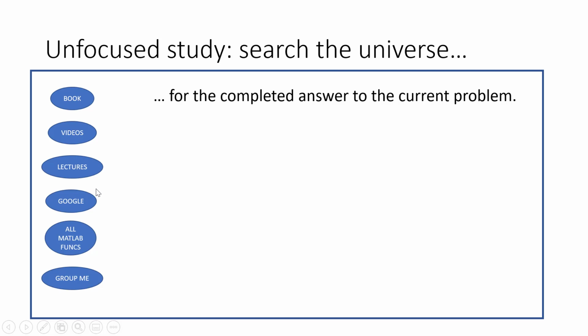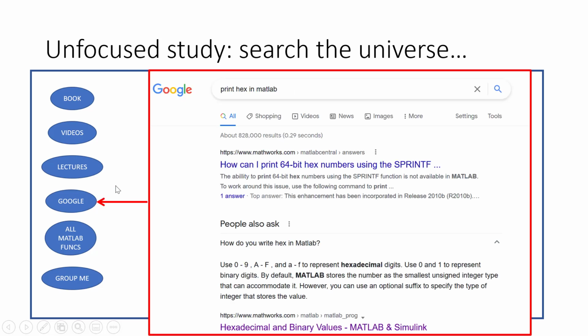That's sort of unfocused, and you immediately jump into Google. I did this little exercise here. If I search for print hex in MATLAB, I'm getting almost 1 million results, and just navigating that can be very daunting and very unfocused.